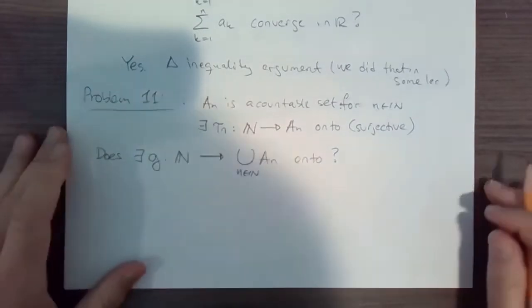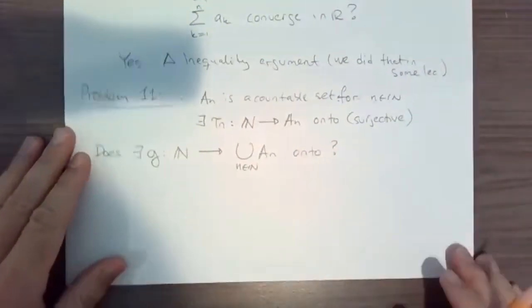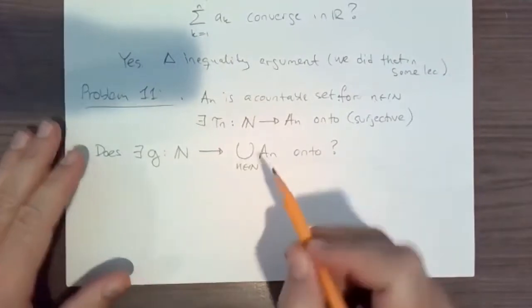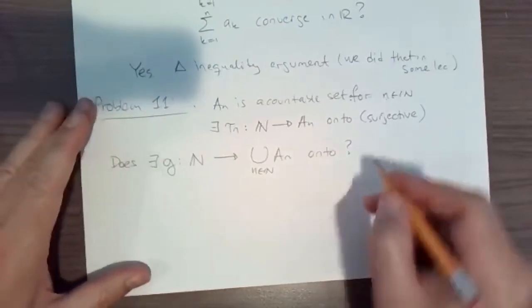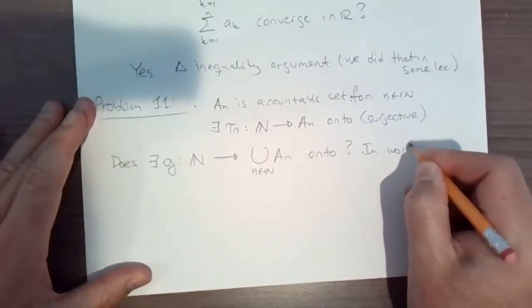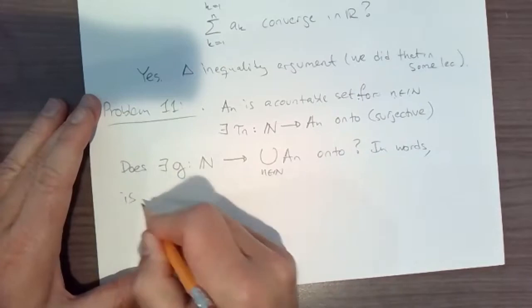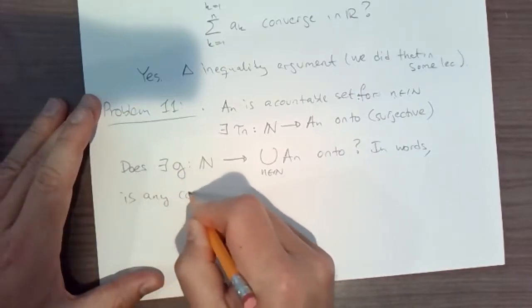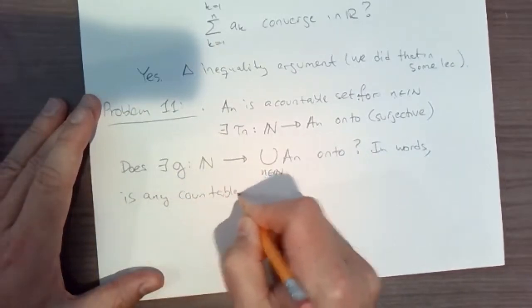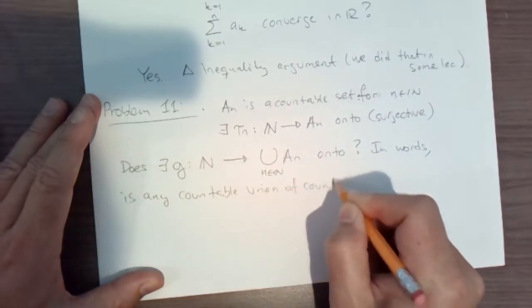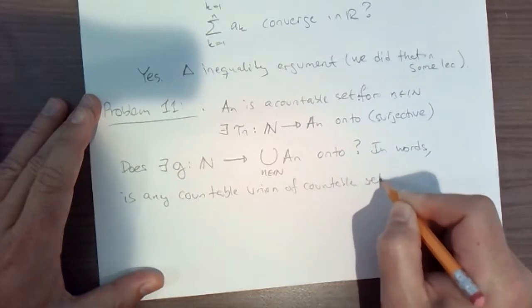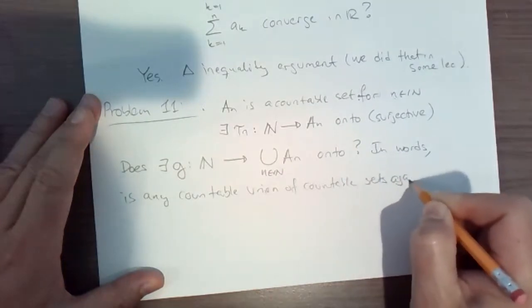So you're taking a countable union of countable sets. Is that still countable? So in words, is any countable union of countable sets again countable?